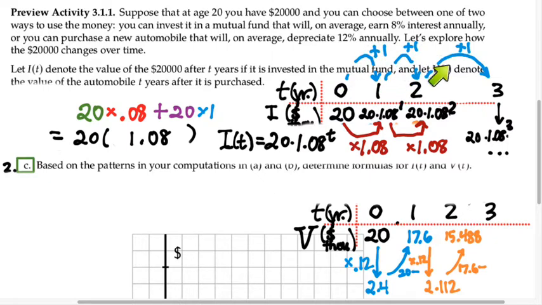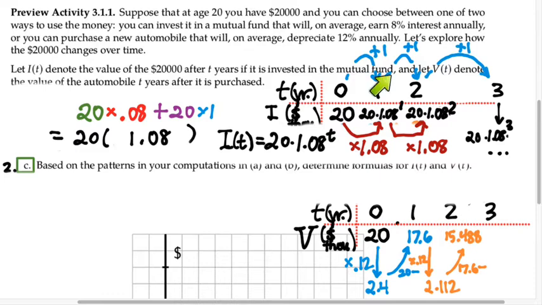Year 1 to year 2, I'm adding 1 year, and so on. So all of my consistent changes happening in the independent variable happen by addition. But all of my changes happening to my output variable are happening not by addition, but by multiplication or division. And that is the fundamental difference between exponential functions and linear functions.